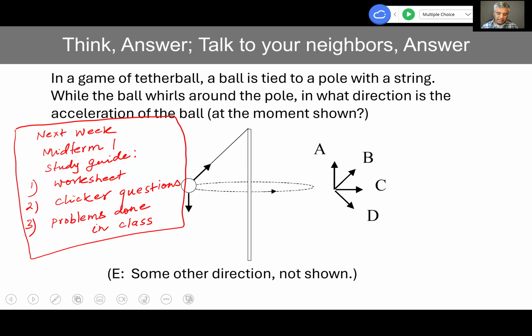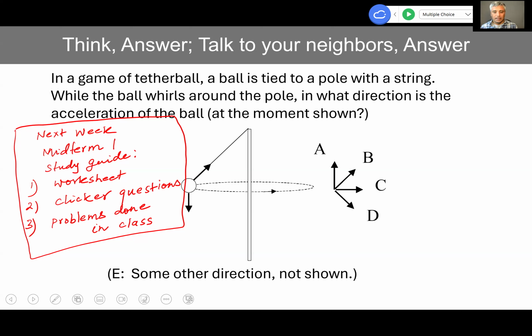And here is my guide for you to prepare for the midterm: worksheets. Thoroughly understand them, including the explanations. A lot of multiple choice questions are going to be from the explanation part. And then of course, clicker questions and problems done in class. So they are all kind of related.